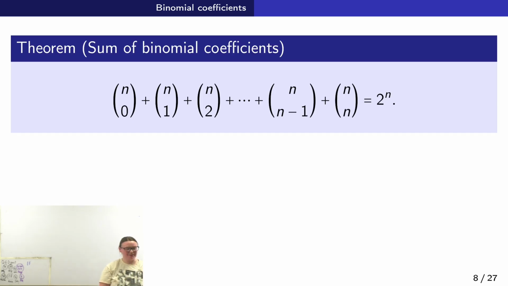Okay, another theorem. This is the sum of binomial coefficients. And we want to show that n choose 0 plus n choose 1 plus n choose 2 plus ... n choose n minus 1 plus n choose n is going to be some exciting number, 2 to the power of n.